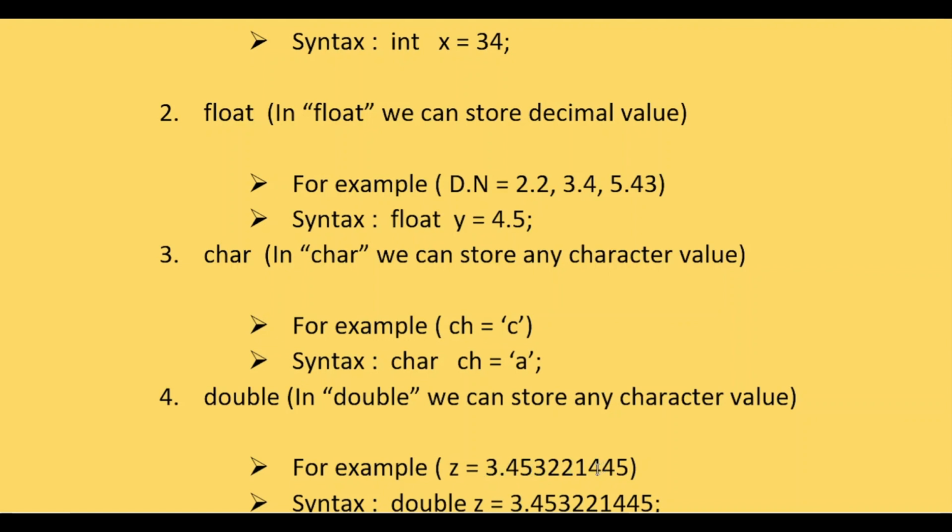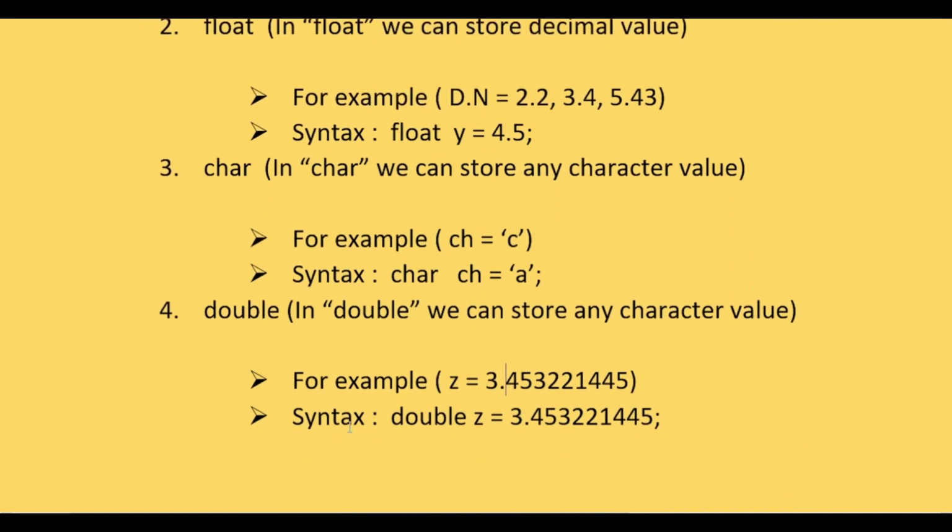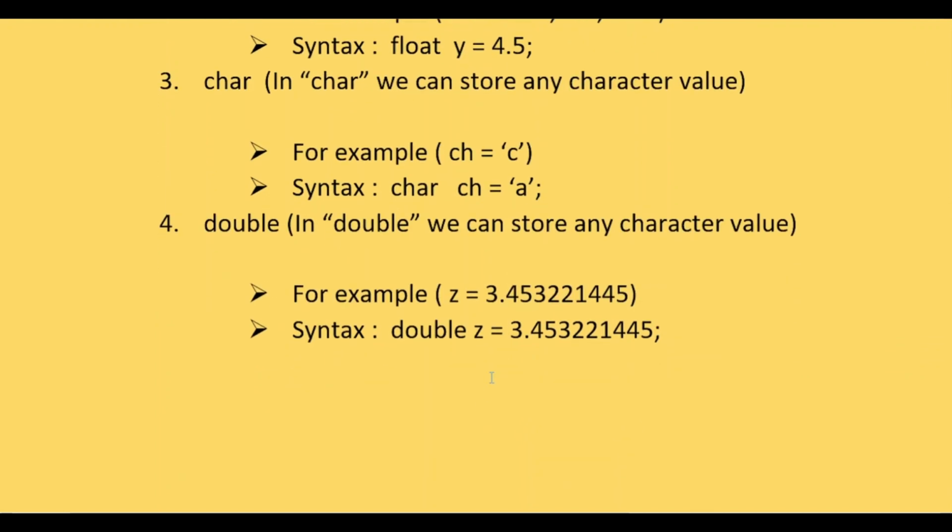This is used for long numbers after the decimal. If you have more than 6 numbers, you will use double. Okay, float has the ability to print 6 values after the decimal point, and the syntax of double is the same, but you will write the value which you want to store in the z, double z.